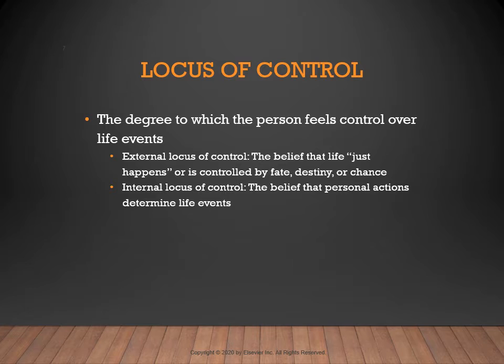I had no control over this hurricane. I have no control over the fact that I'm now sitting on a roof in the middle of a hurricane. An internal locus of control individual would be sitting on that roof thinking, if I had evacuated or maybe watched the news station, then I would not be sitting on a roof in the middle of a hurricane. They take ownership, they take control, they had control over their situation.